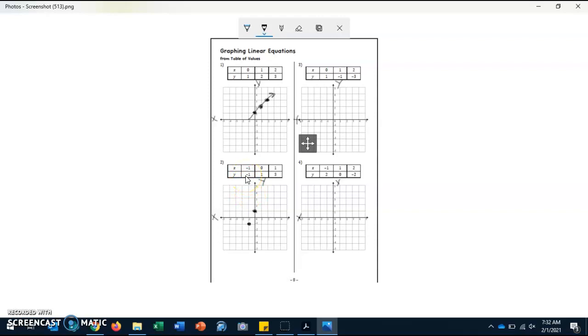Awesome. And our last plot for this equation is at x1, y3. Is this number negative or positive? Yes, it is a positive number. There's no negative, so we know we're going to be on our right side.